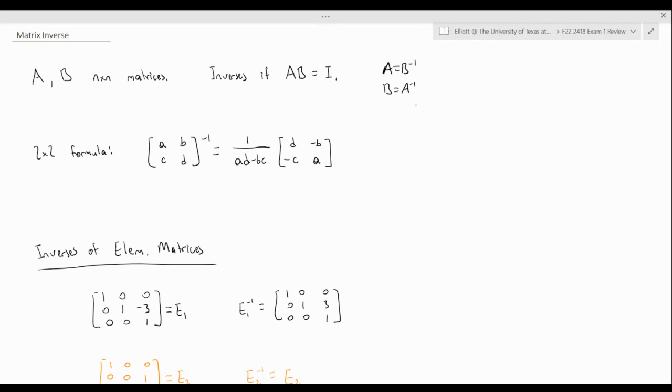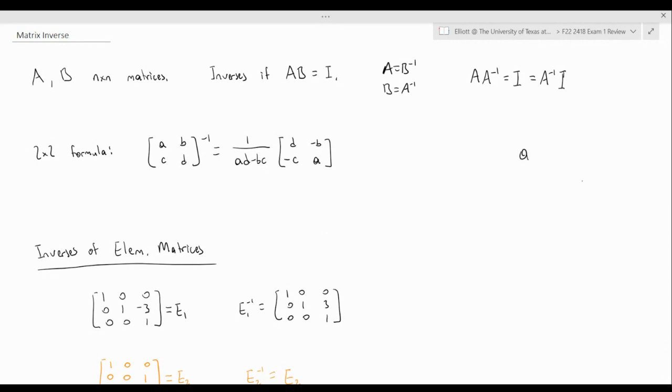If you remember how the identity matrix was the matrix version of the number 1, then you can see what's going on in terms of the notation. So we're saying A times A inverse is equal to the identity matrix. Likewise, A inverse times A is also going to give you the identity matrix, okay?